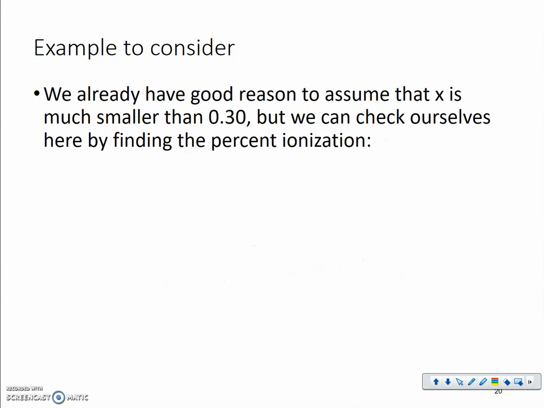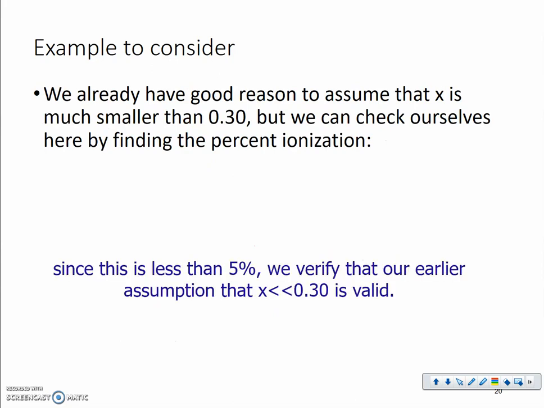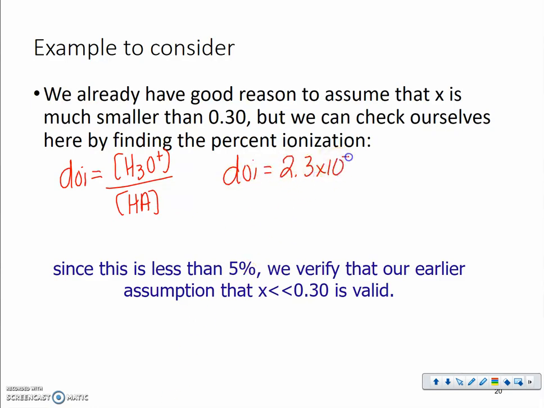You can also check by finding the percent ionization. The percent ionization starts with the degree of ionization. Degree of ionization is your amount of H3O plus over your starting amount of acid. So 2.3 times 10 to the negative third over my starting concentration, which was 0.3.